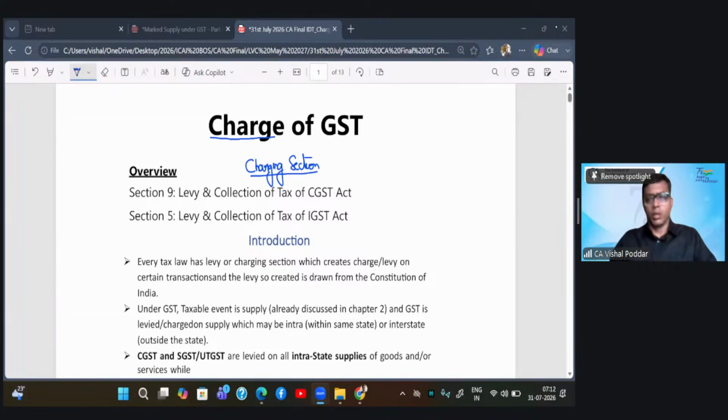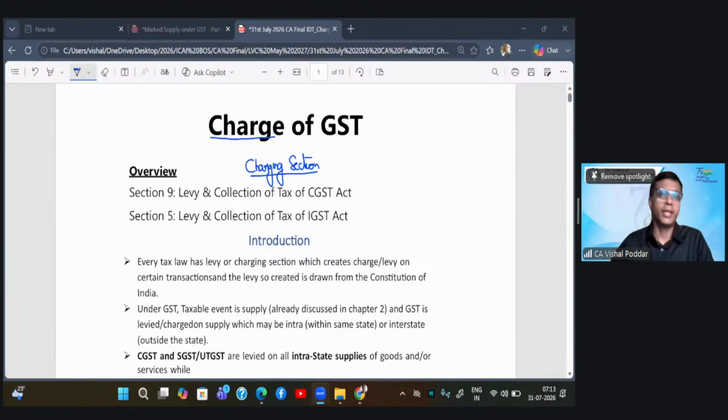So, through that amendment, a judgment of the Honorable Supreme Court was bypassed, was overridden.